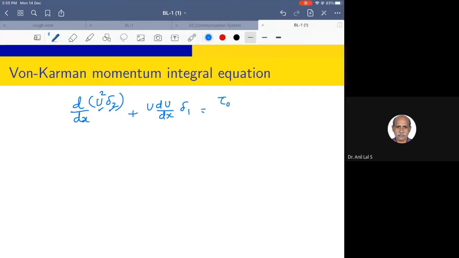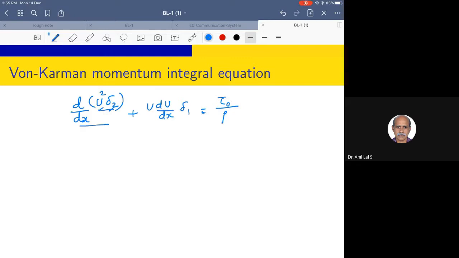The wall shear stress is represented by tau naught, the shear stress at y equal to 0, divided by rho.